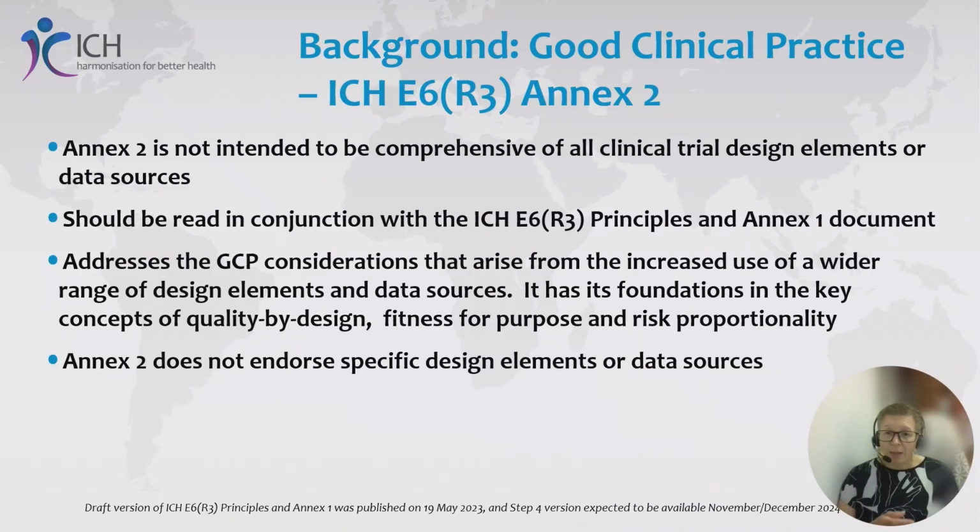So we're thinking about decentralized clinical trial elements, where some activities take place outside of your routine brick and mortar investigator site, or pragmatic elements, where you're getting data perhaps from an electronic health record which is collected in the manner which is always collected, or the use of other data sources, so perhaps real world data, that's been already collected, maybe in the form of a registry or even claims data. And of course, we don't endorse any specific design elements or data sources.